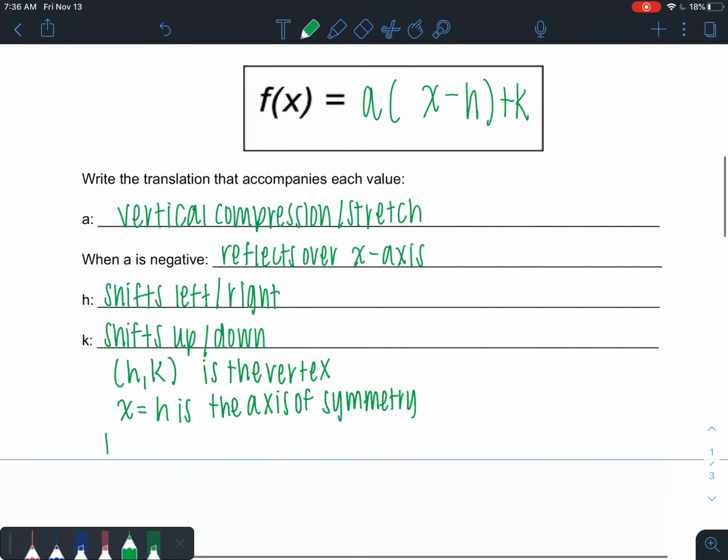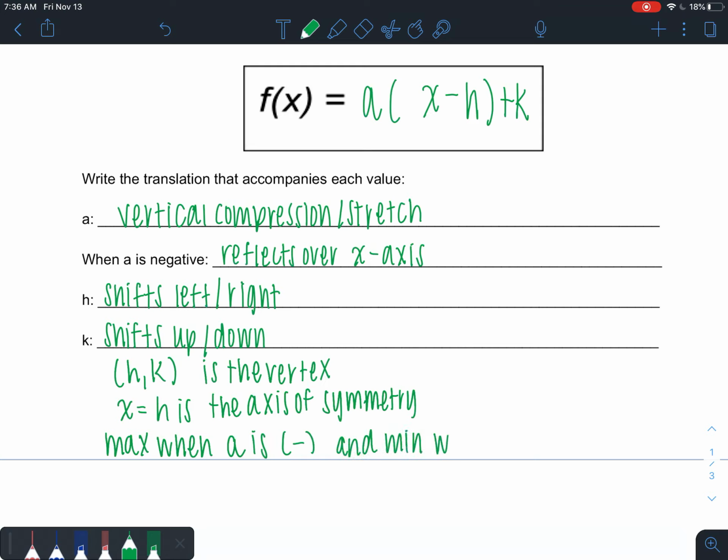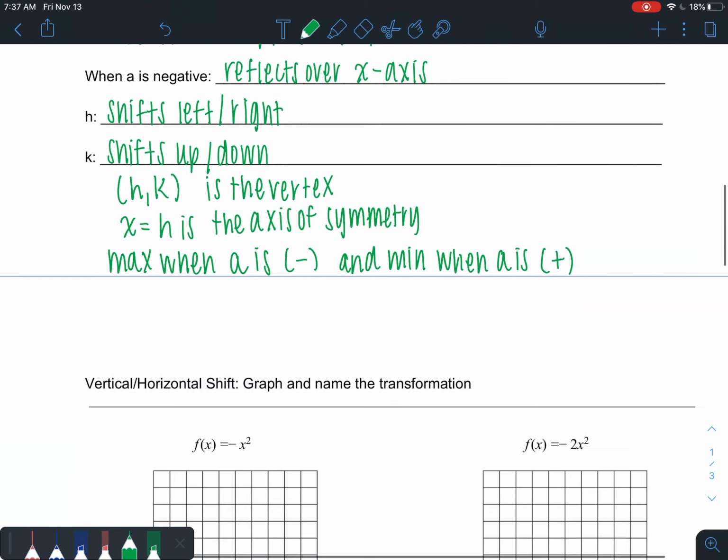We have a max when A is negative and a minimum when A is positive. Okay, so those key things there too.